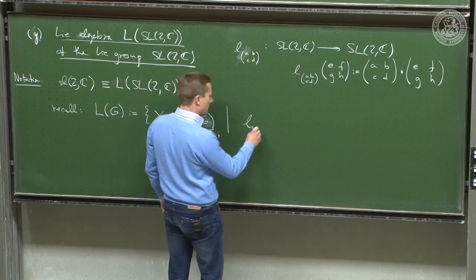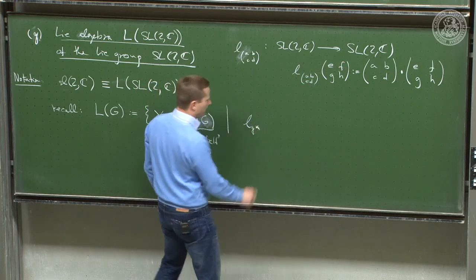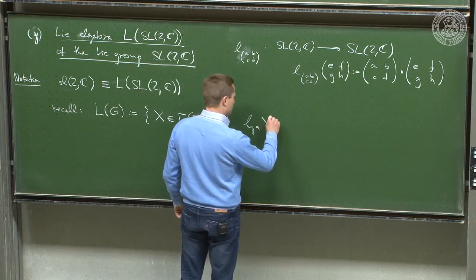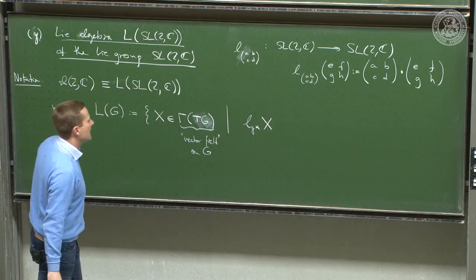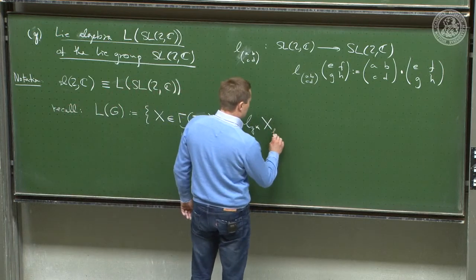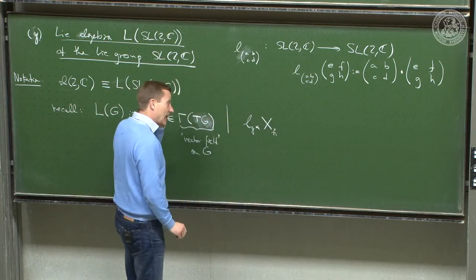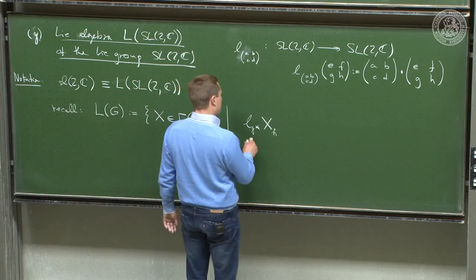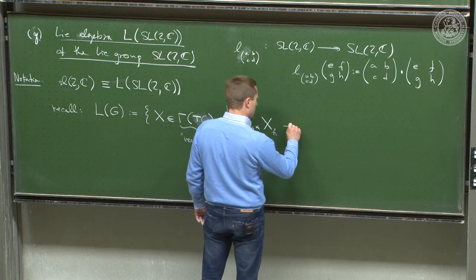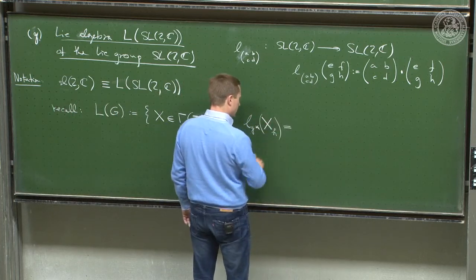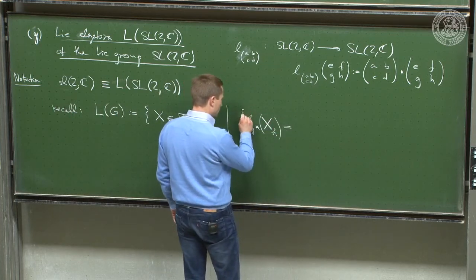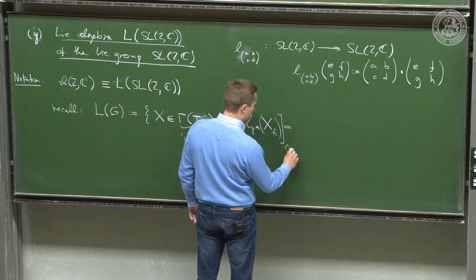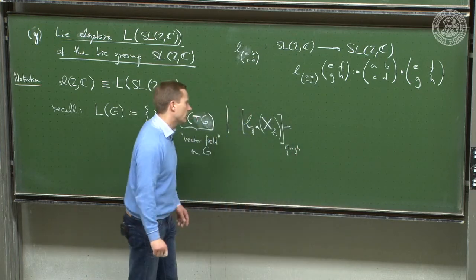If it's a smooth map, there exists an associated push forward of this map, and you can take a vector field X, and look at it at some point h in the group. If you act on it like this, the whole result will be at L_g of h, which is gh, the group operation in between.